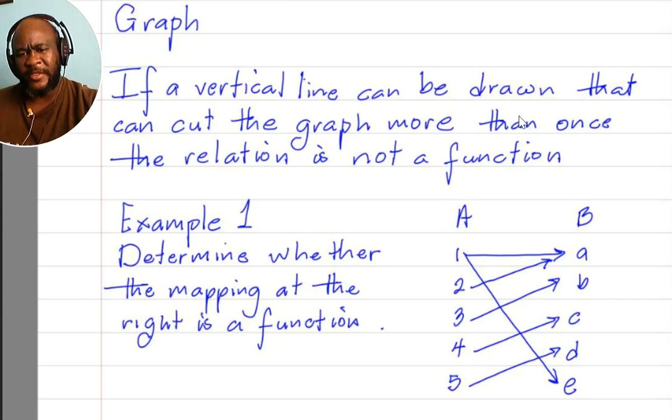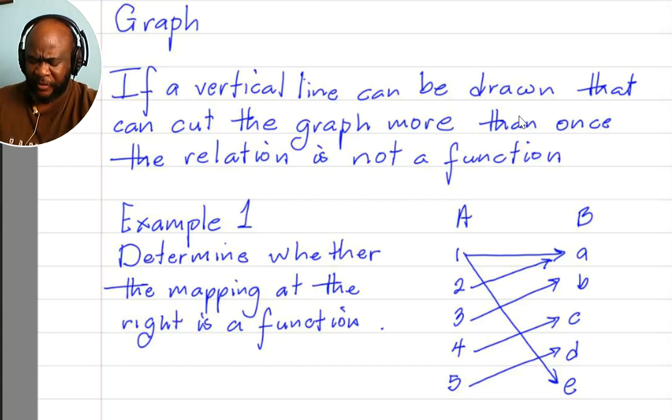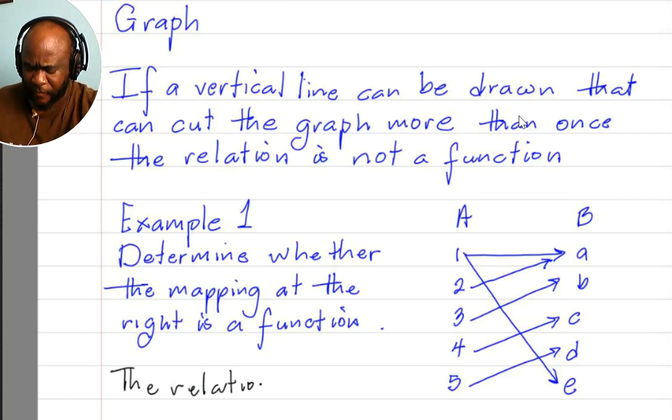One element. So since two arrows leave one in the domain, indicating that one is mapped onto two elements in the codomain, this relation is not a function.